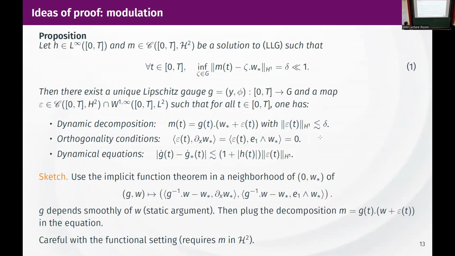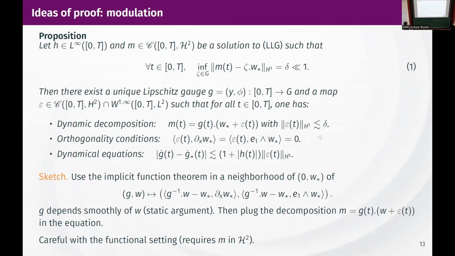You know that when J is 0 and W is W star, this is 0, and you do an implicit function theorem, R2 essentially. So it's finite dimensional. And it gives you for free that G depends exclusively on W. Okay, so this gives you for fixed time this thing and this thing.